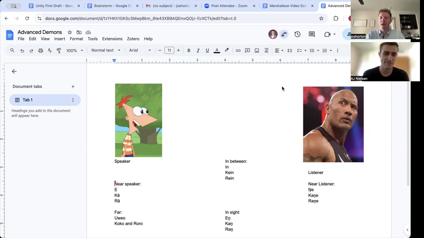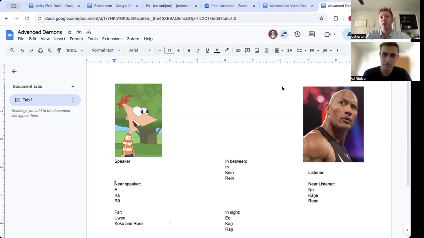Perfect. A similar thing for the in between, right? If there's a book in between Phineas and the Rock, then we would say book in. Just one book, and the singular works for things and people for all of these. If there were multiple books in between them, we would say book kein, and if it's people, it'll be rein, like these people in between us.